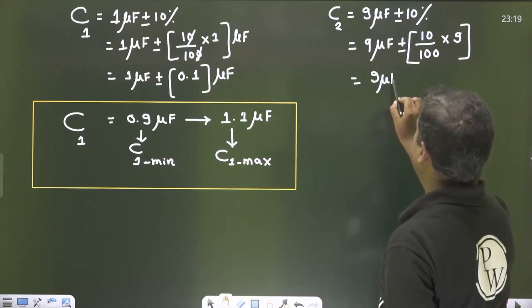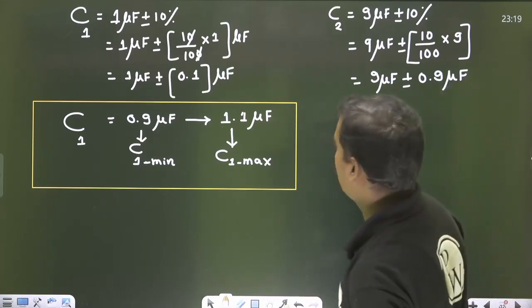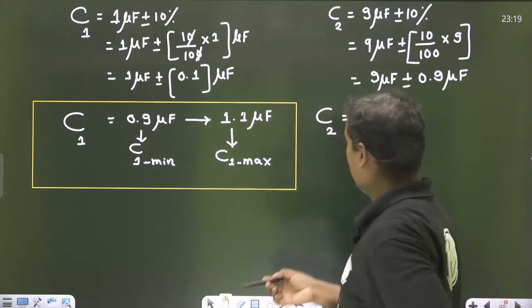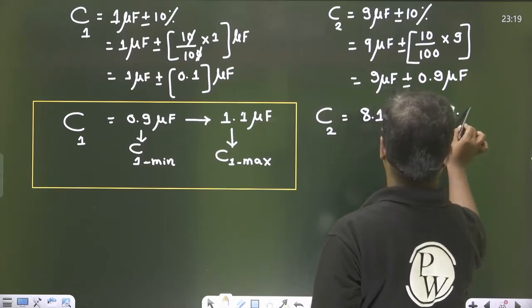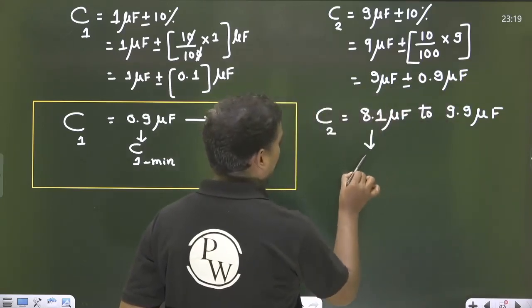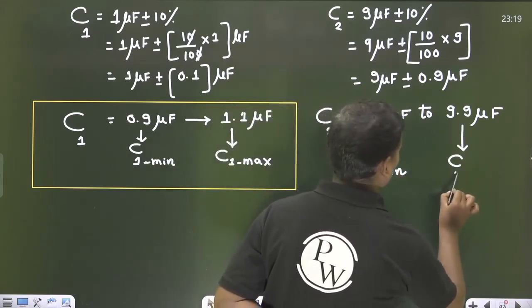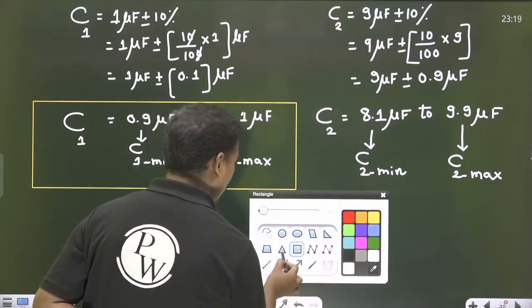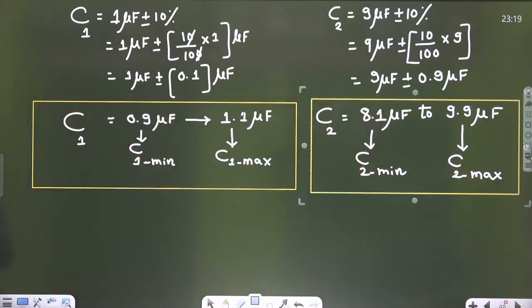So 9 microfarads plus or minus 0.9. C2 will be what? 9 minus 0.9, that is 8.1, to 9.9. So this is the C2 minimum and this is C2 maximum. Got it?